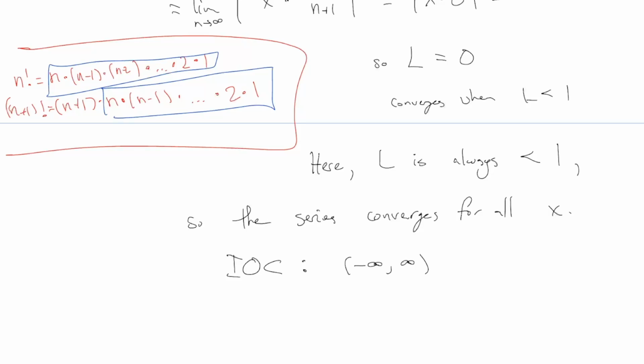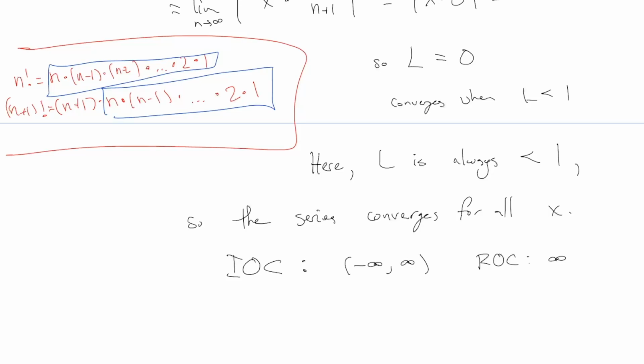And the radius of convergence, I suppose, is infinity. So this is what we say in the case when the series always converges. The interval of convergence is all real numbers, and the radius would be how wide that interval is measured from the middle, which I guess would have to be infinity.